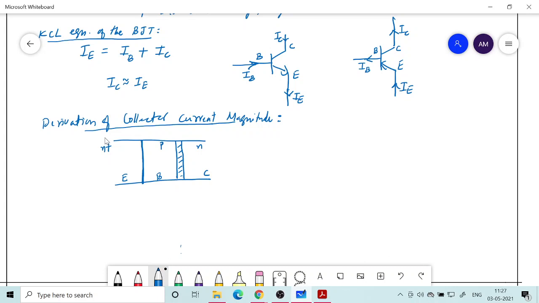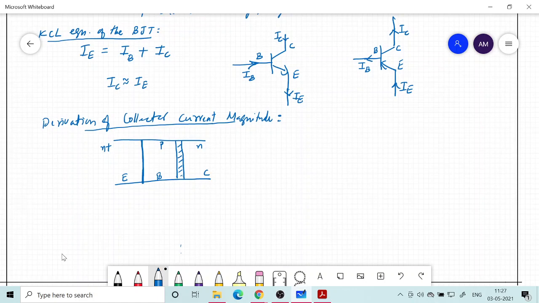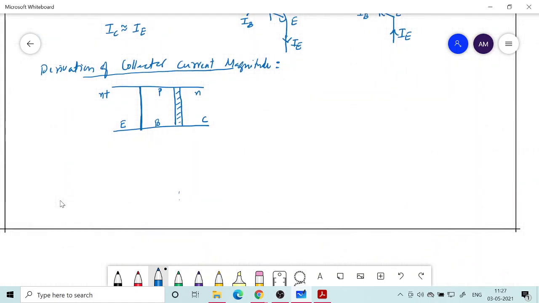I told you that if I plot the concentration of electrons as a function of x, electrons are majority carriers in the emitter and minority carriers in the base. I'm taking a negligible width for the base and drawing this.